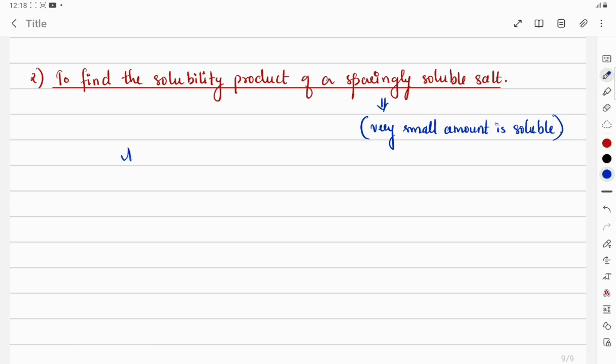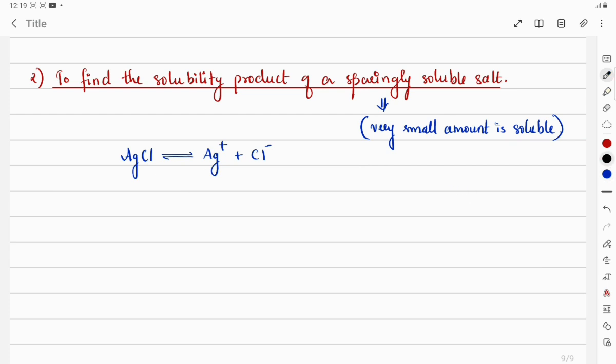We have silver chloride. It is a salt of silver metal and chloride non-metal. If it is undergoing the solubility process, what happens? It will be splitting into Ag+ and Cl minus, right? Since we already know AgCl is a sparingly soluble salt, only a little amount of AgCl would have converted into Ag+ and Cl minus.